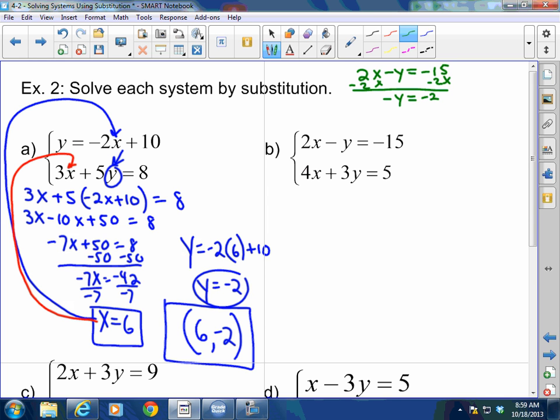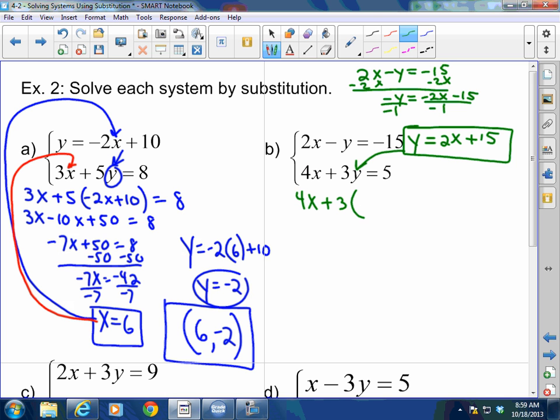Negative y equals negative 2x minus 15. Divide by negative 1. So y equals 2x plus 15. Now I know what one of my variables equals. Now I can plug that back into this second equation. So I got 4x plus 3 times y, which is 2x plus 15, equals 5.